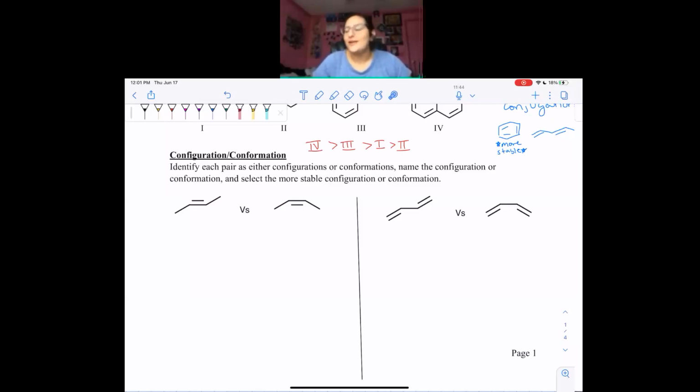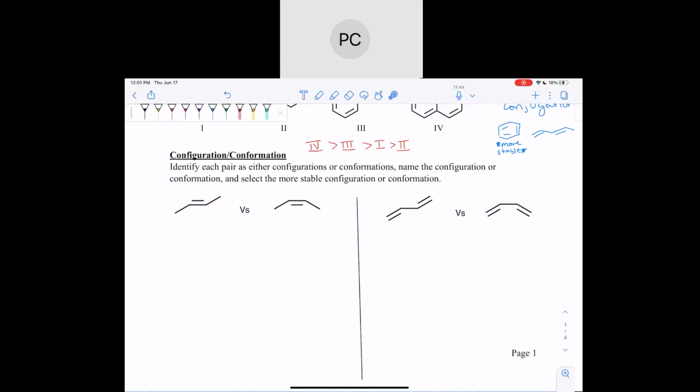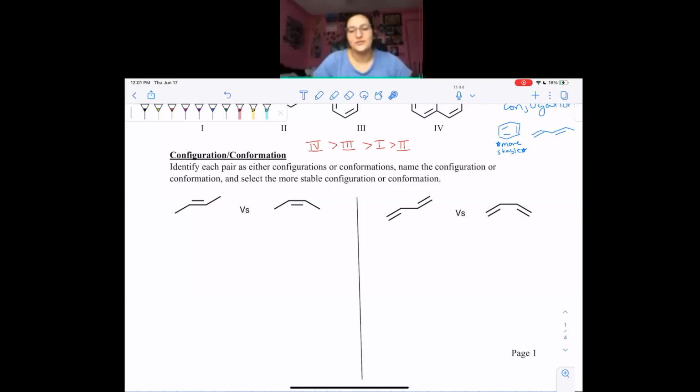You might not remember this, and that's okay, but do you remember if that was configuration or conformation? I think it was conformation. Okay. A couple people said that in the chat too. So maybe they used these 2 words interchangeably. I honestly don't remember Orgo 1 that well. It's been a long time.